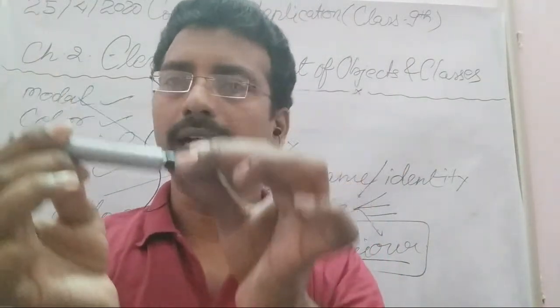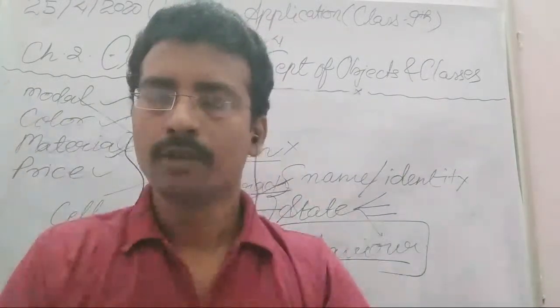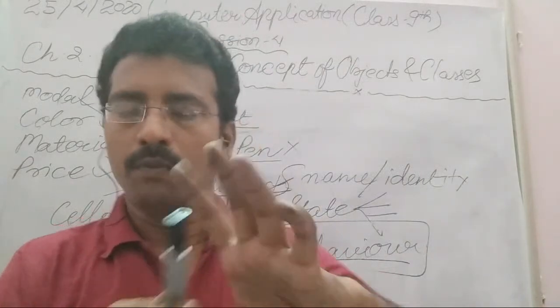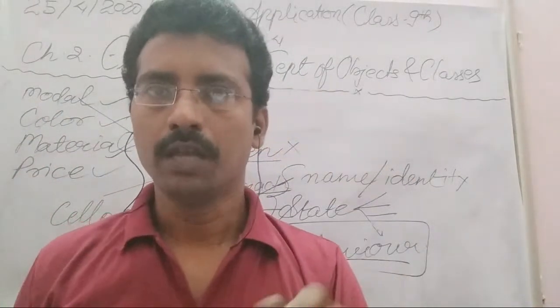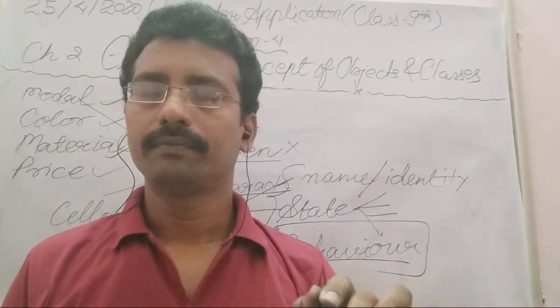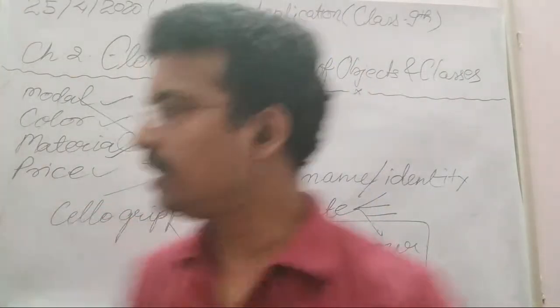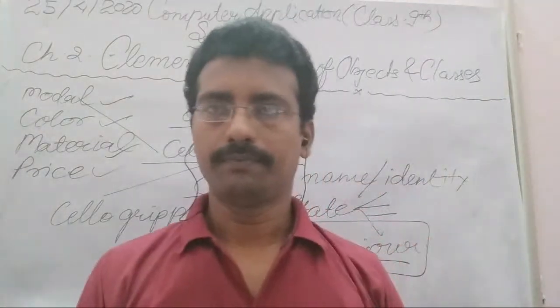Its color is black. These are the states, meaning characteristics. So identity and state are the characteristics. And what is the behavior? It is used for writing on the whiteboard, sometimes for drawing, sometimes for headings, sometimes for writing charts. So these are the features of any object.